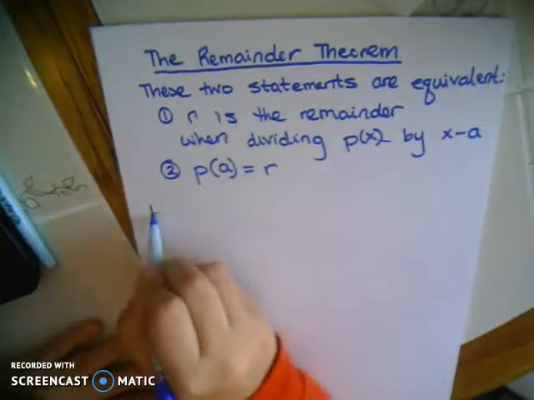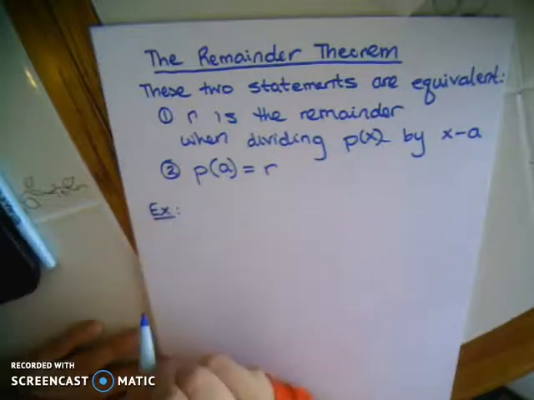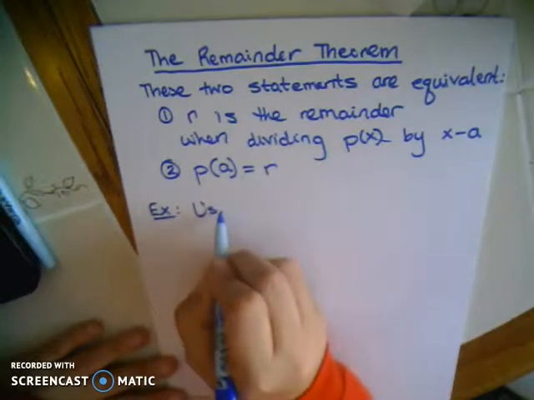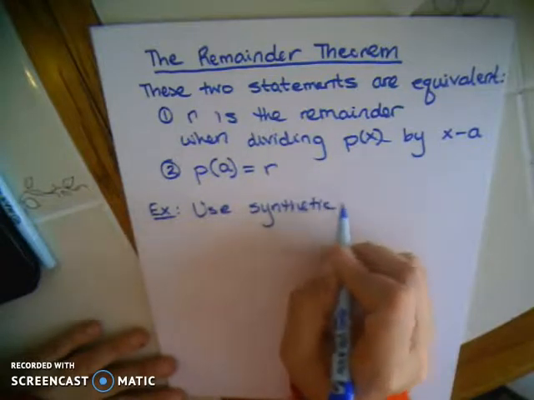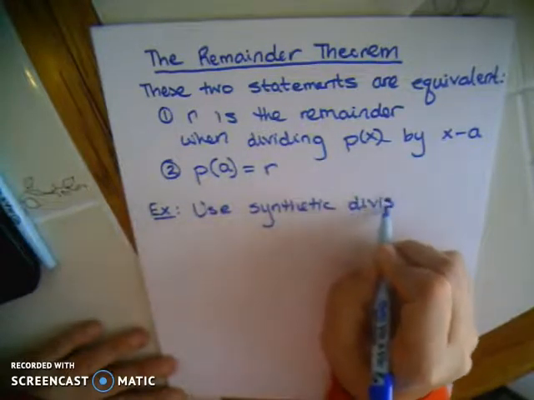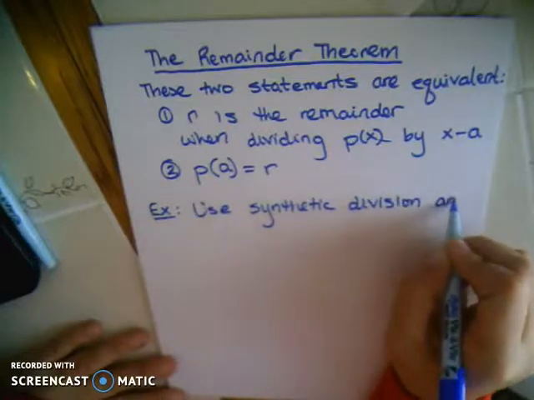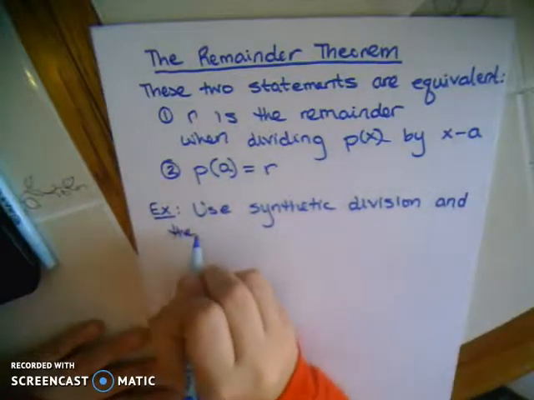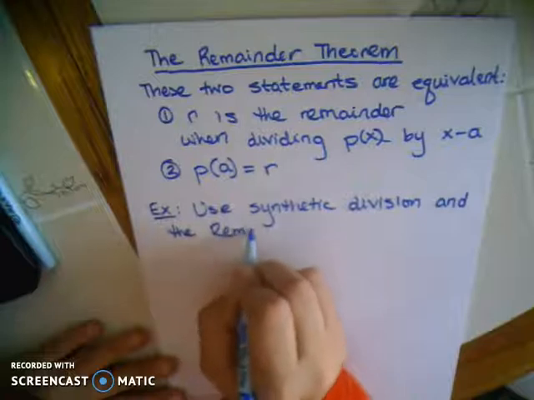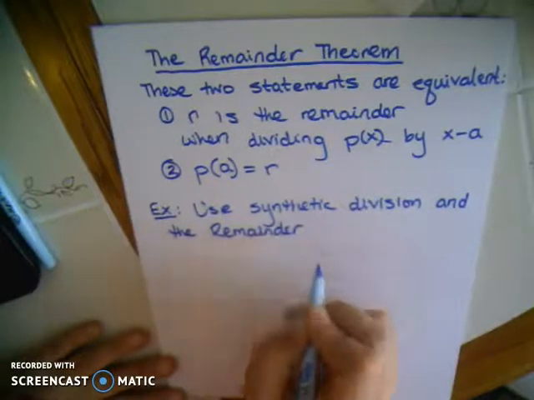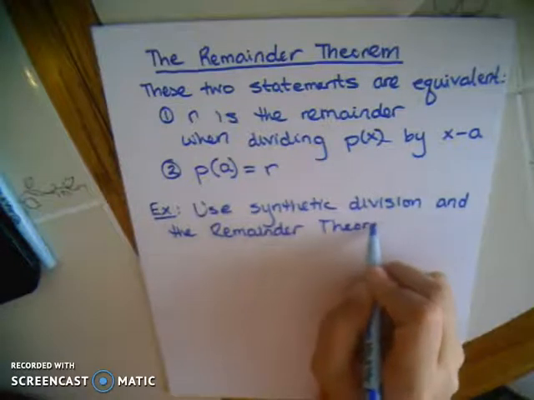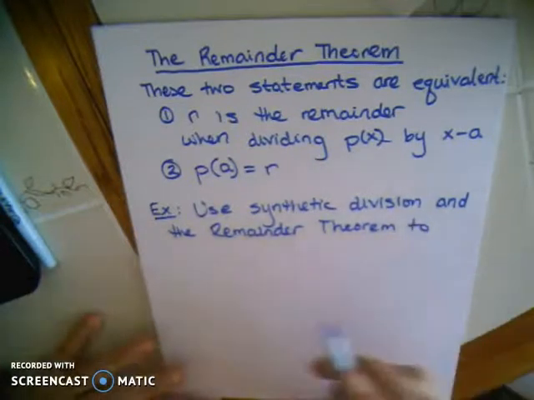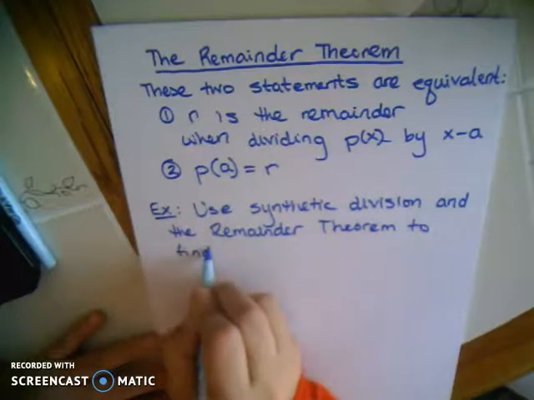So I want to show you an example. And actually, I'll do several examples. We want to use synthetic division and the remainder theorem to find each of the following functional values.